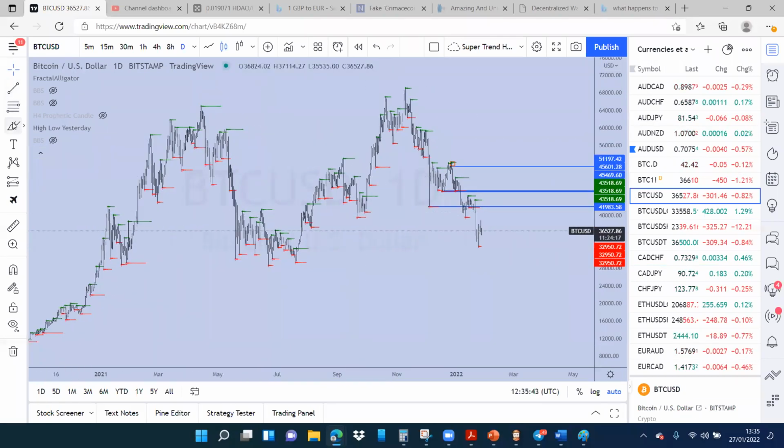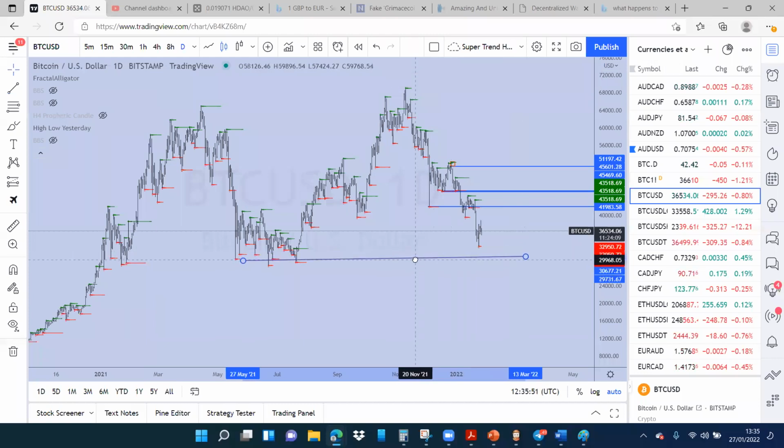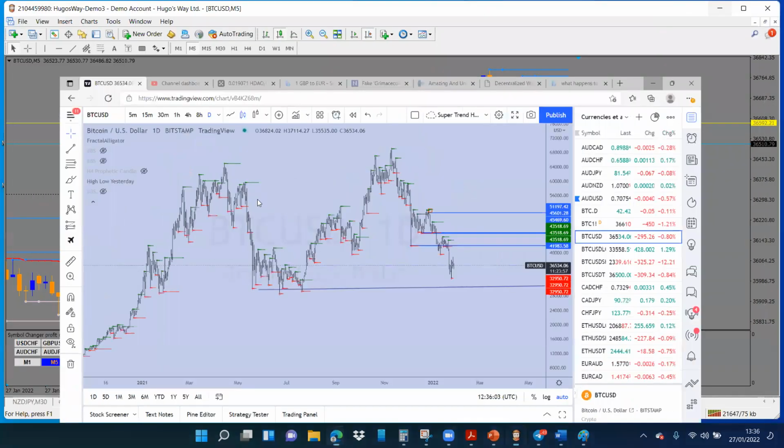I have my buy orders sitting somewhere around here, at 29 plus. It may come, it may not come, but I see no reason why they won't spike down before going up. Again, you can see the reasons on the chart using our fractals.